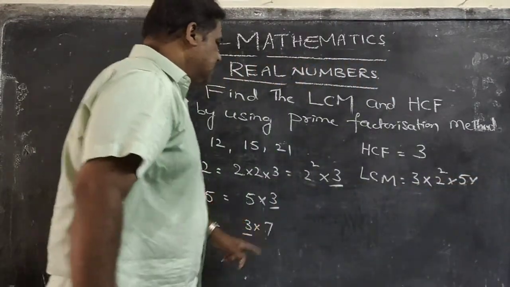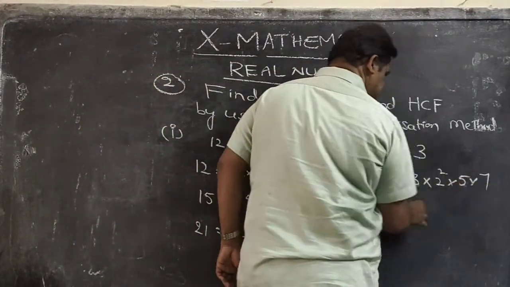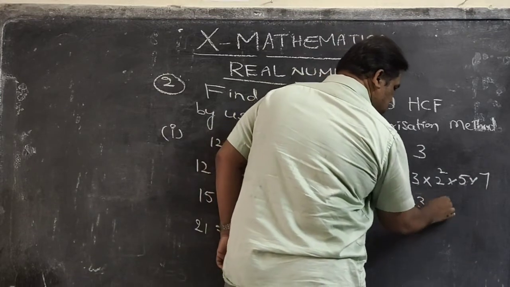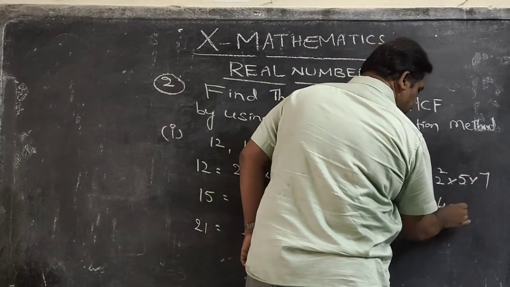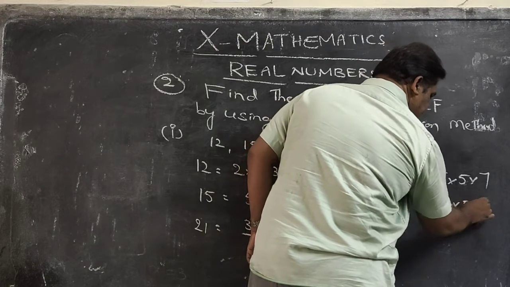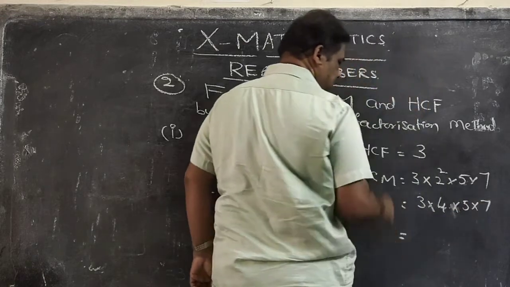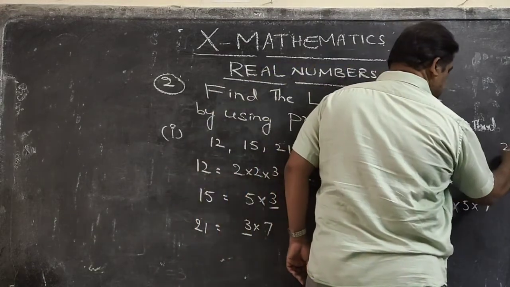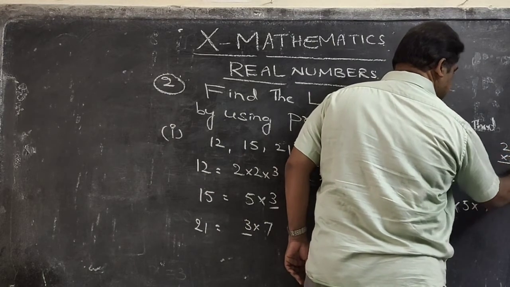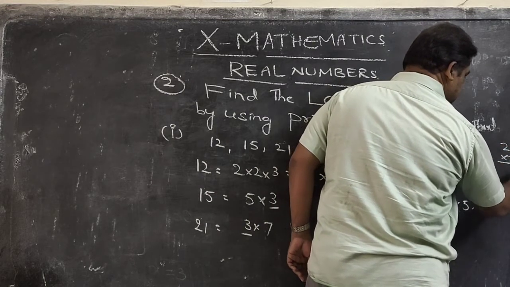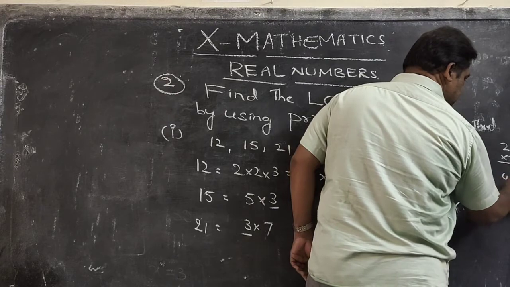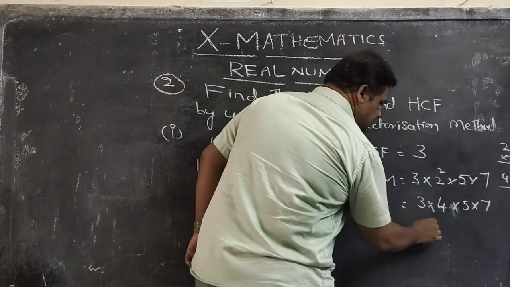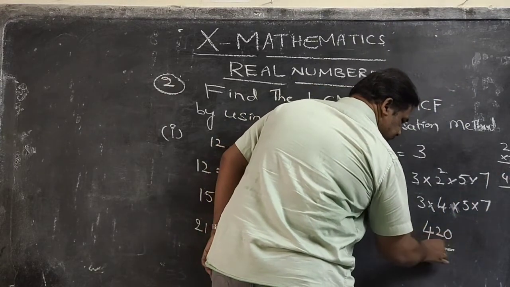Here the remaining factor is 7. 3 into 2 square is 12, 12 into 5 into 7. So it is 420.